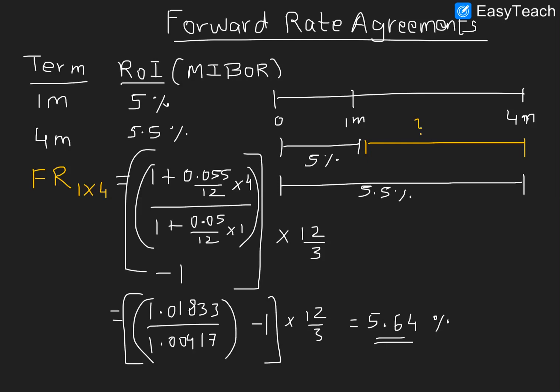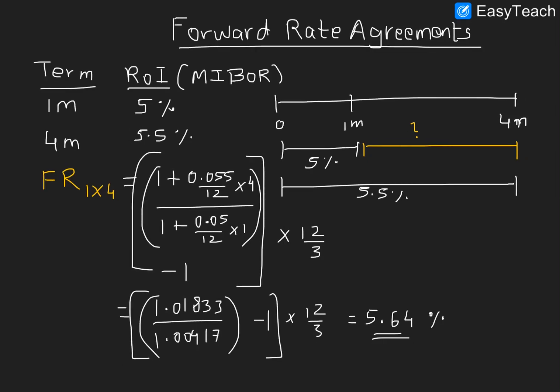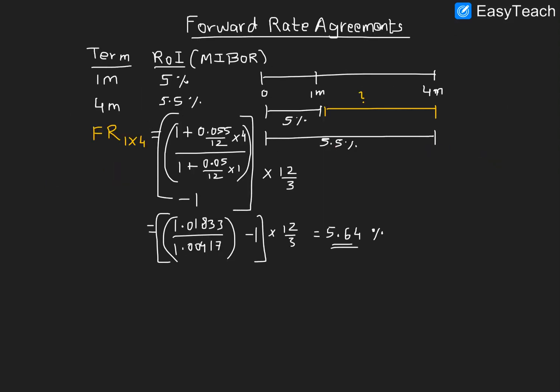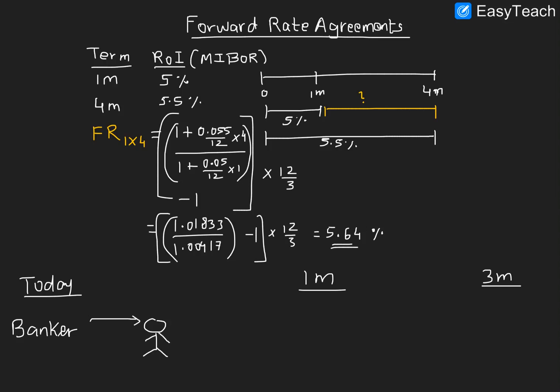So if I enter into this typical forward rate agreement, what are the transactions that are going to happen? Today, after 1 month, and after 3 months. Today the banker and the customer exchange only promises.